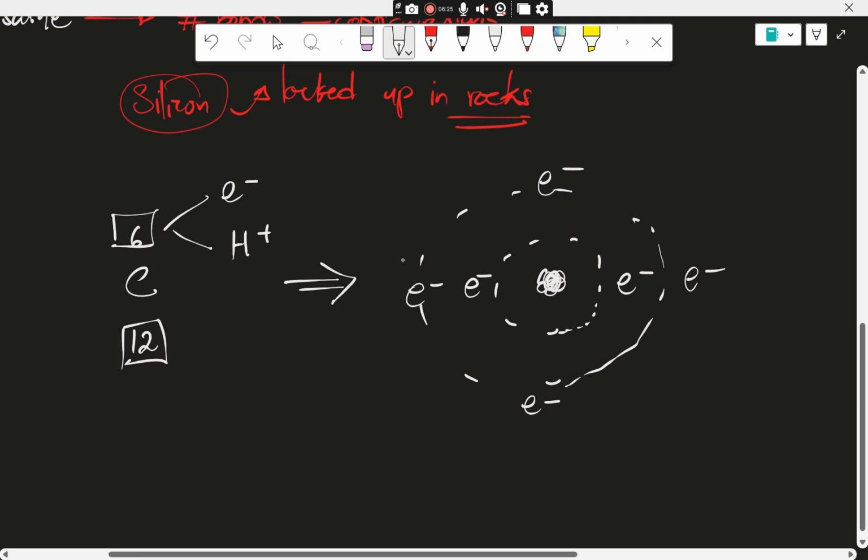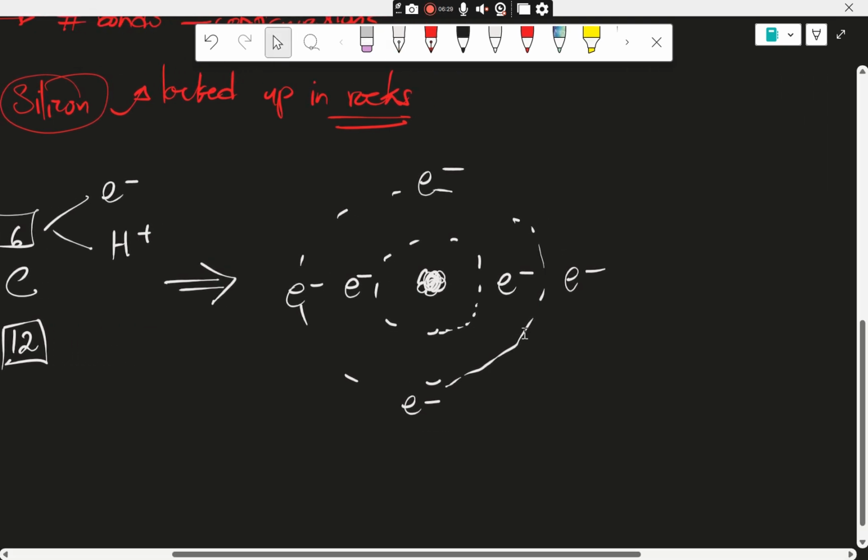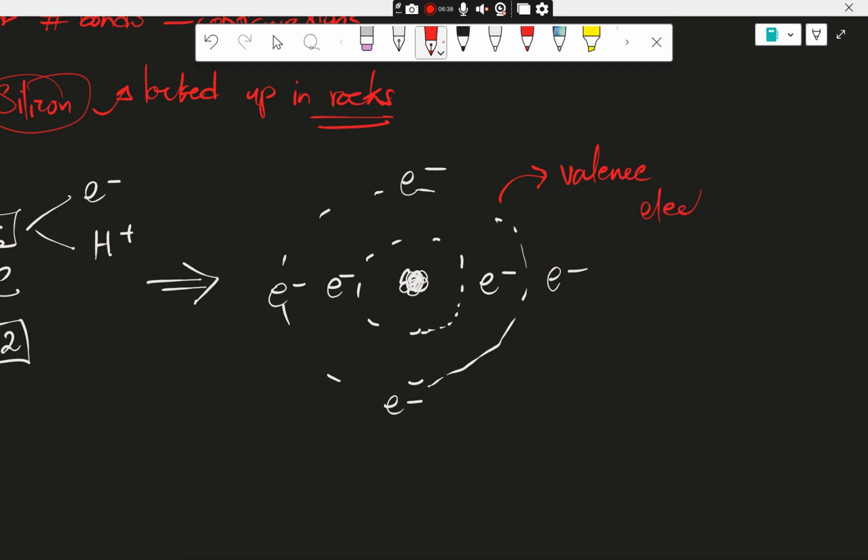So that's 6 electrons in total. So that's our carbon. And these on the outer shell are called valence electrons. These are electrons in the outermost shell of your molecular structure, right?